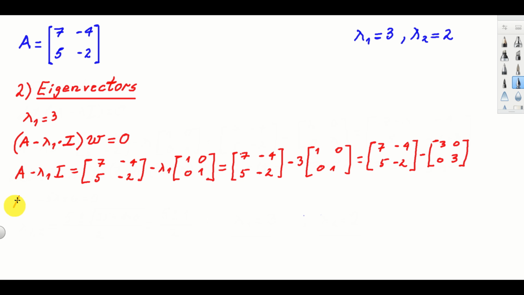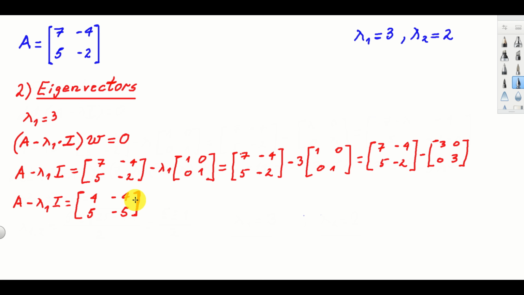And finally we have A minus lambda 1 I is actually, let's see, 7 minus 3 becomes 4. So we have 4, then we have minus 4, then over here we have 5, and we have minus 2 minus 3, minus 5. Okay, so this is our matrix.